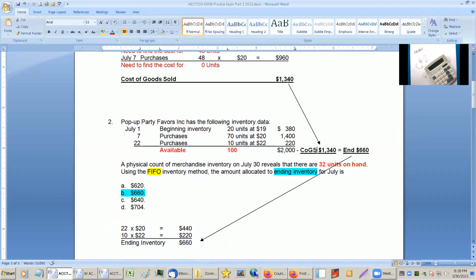If we sold 1,340 of that 2,000, the rest of it is what was not sold. So you could just subtract that out, be the same thing.